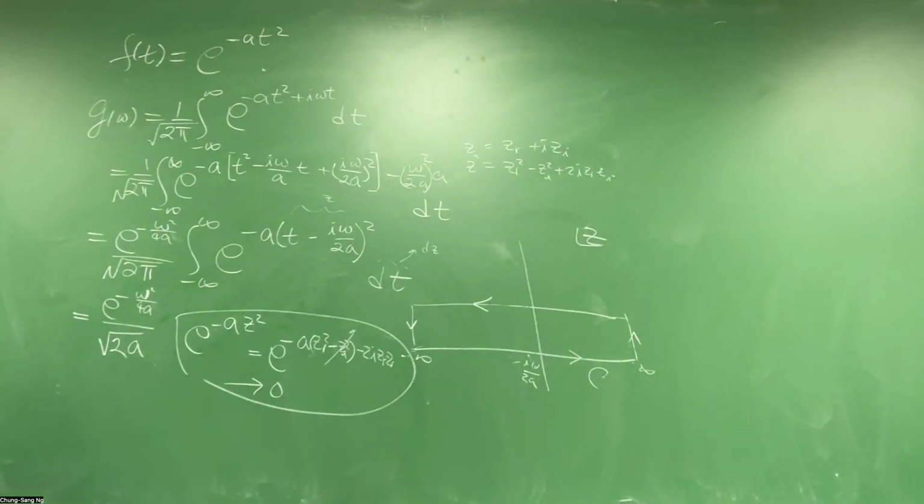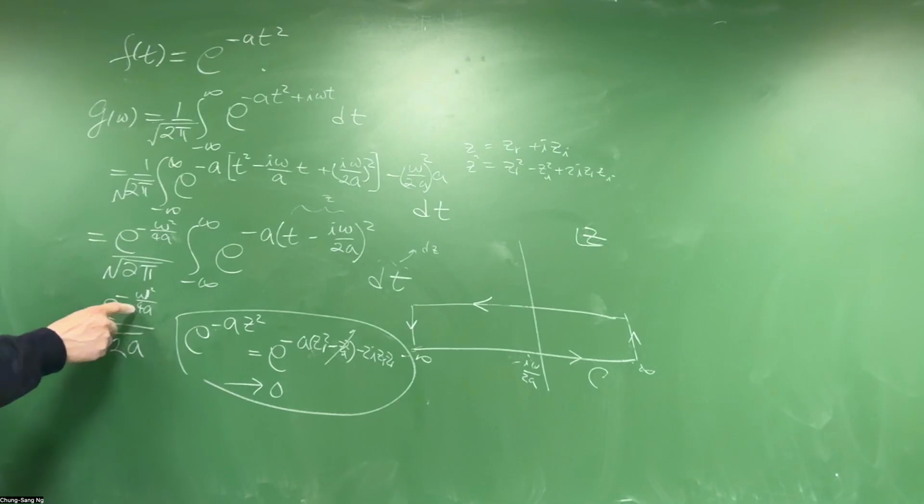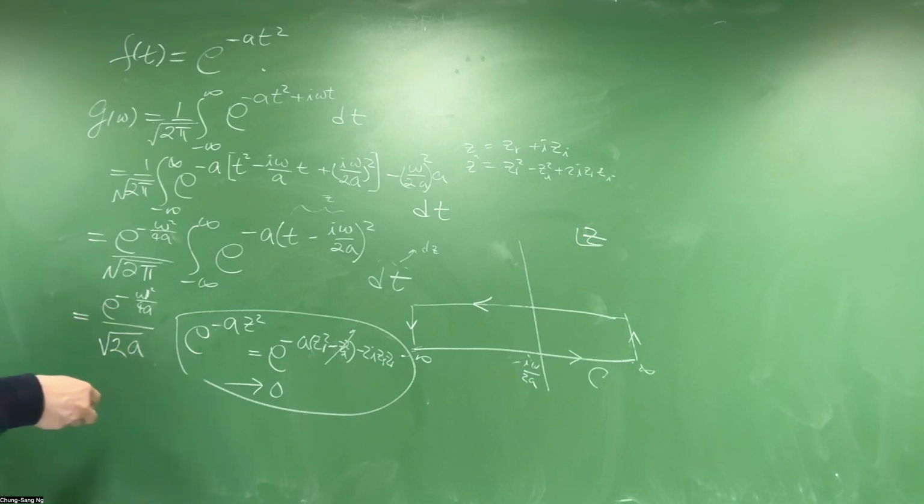The textbook didn't talk about it. I mean, it should work out, because 1 over 4a is your a, and then you need to divide it by 2.